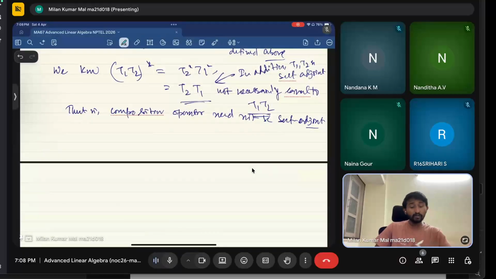In fact, how do we get that? If you take self-adjoint operators, they need not commute. For example, if you take two matrices which are self-adjoint, then they need not commute with the other matrix, right?